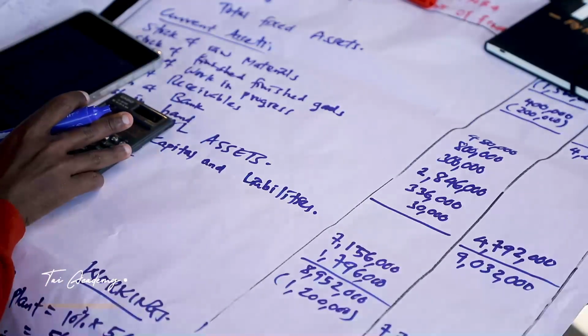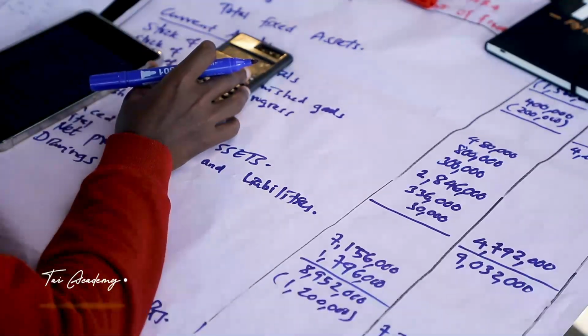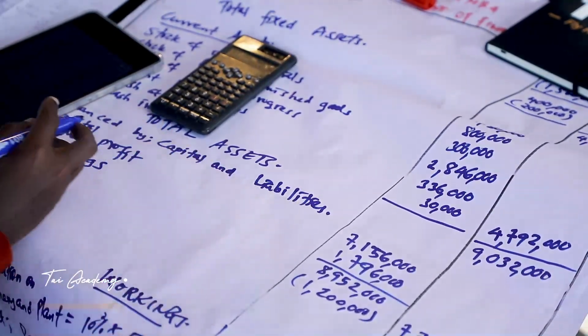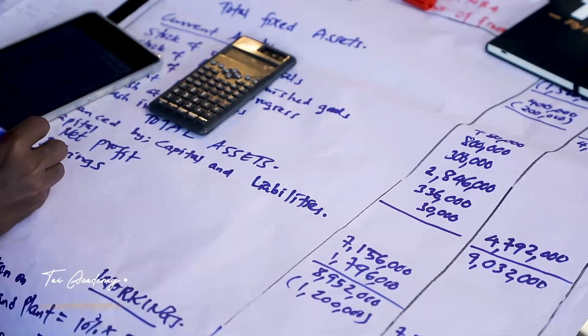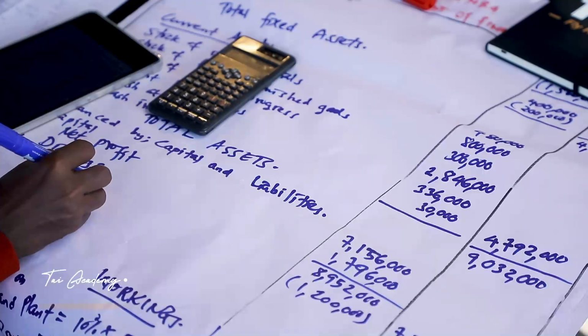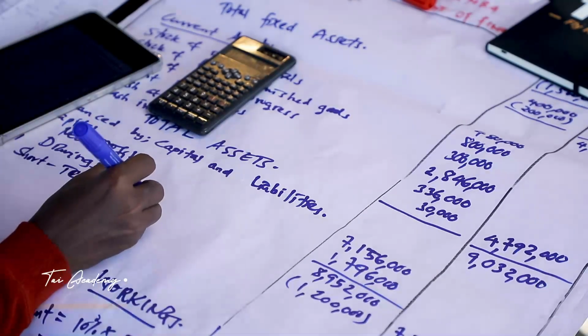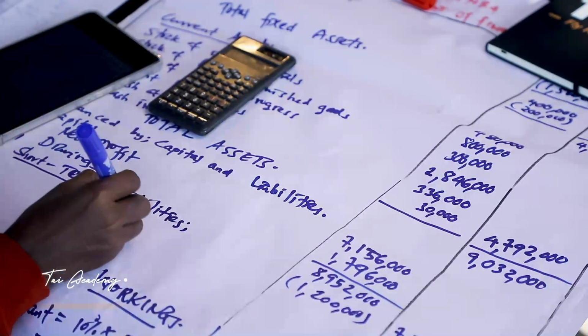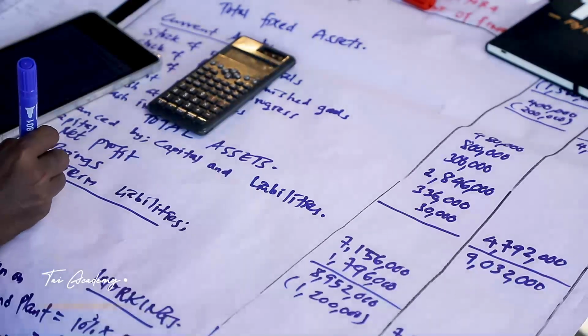So after there tunaenda kwenye liabilities, but in liability upo na short term liabilities tu ambayo upo ni account payables. So you'll have short term liabilities, ambayo ilikuwa ni account payables.